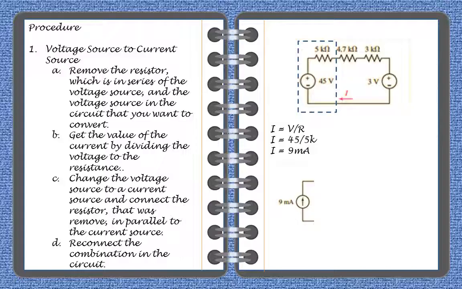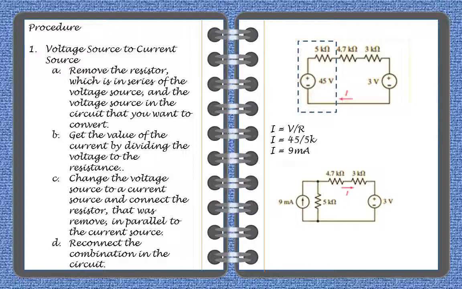Then we'll connect the 5 kilo ohm resistance in parallel to the 9 milliamp current source. So the resistance will be retained, but it will be connected in parallel to the current source. And we're going to reconnect the remaining components as they are.